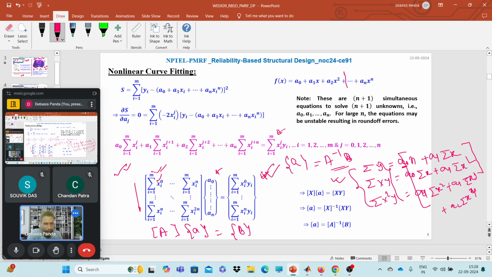For the a1 term, you will have summation of x, that means summation of x to the power 1. And simultaneously this goes up to x to the power n if we have an nth degree polynomial. That means we need to solve n simultaneous equations. By this way, this matrix formation has been done, and we will precisely use this formation to code the function file in MATLAB.